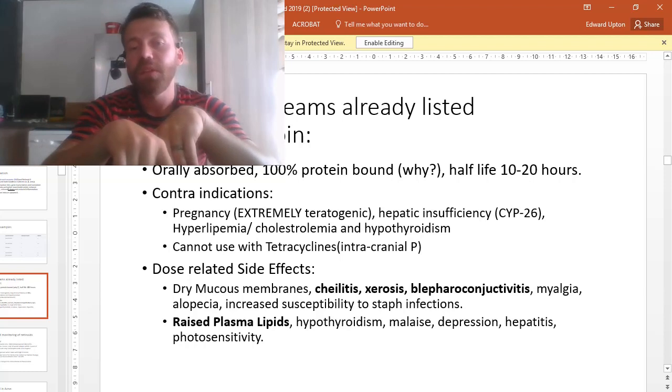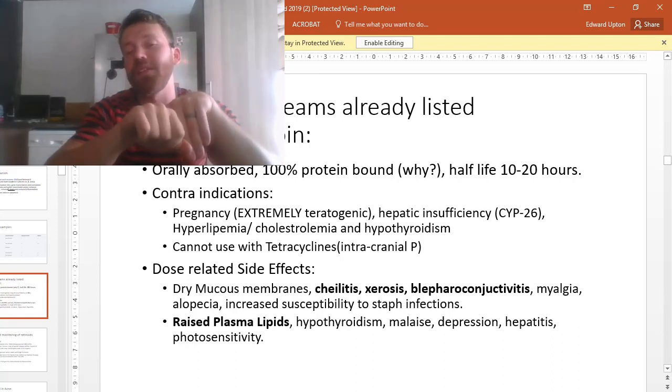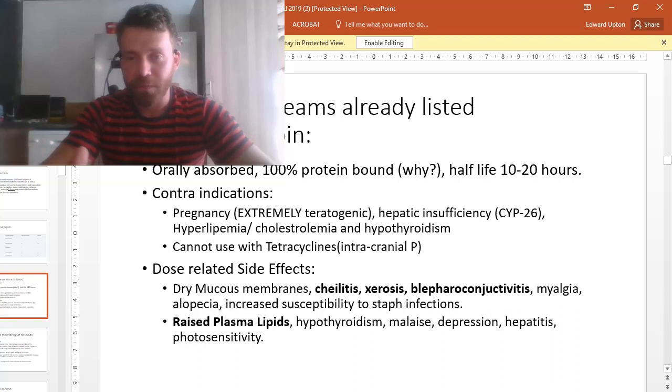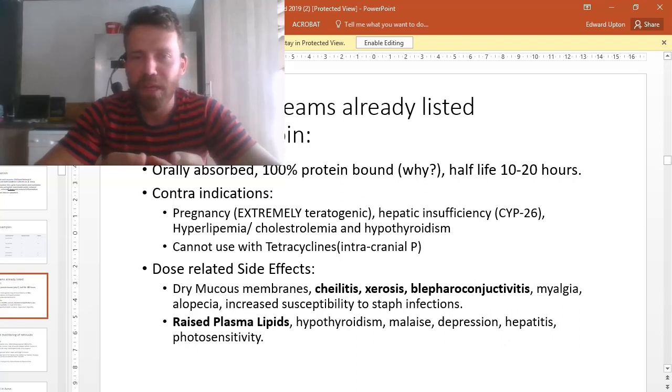And I'm mentioning this because a lot of the times in the private sector, you would get people started on tetracycline antibiotics for their acne, and then they would escalate them later on to isotretinoin. And when you start using isotretinoin, your acne doesn't just disappear overnight. It takes quite a while, and because your face is becoming drier, there's actually a big chance that your acne seems worse initially.